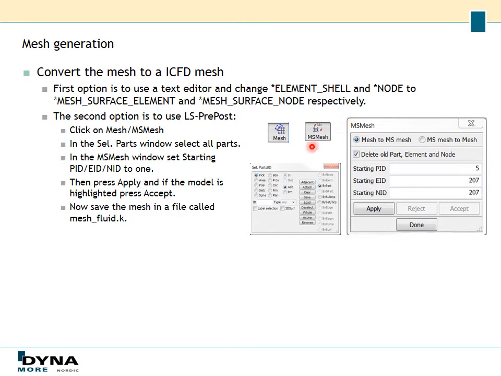The second option is to use LS-PrePost by opening your mesh file and then pressing mesh, MS Mesh, and then select by part and press the whole, so you get the whole model, and then enter starting PID to 1 and press apply and accept. Then you can save the model as mesh_fluid.k.